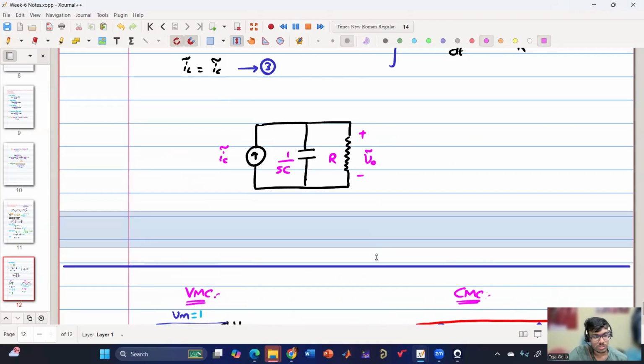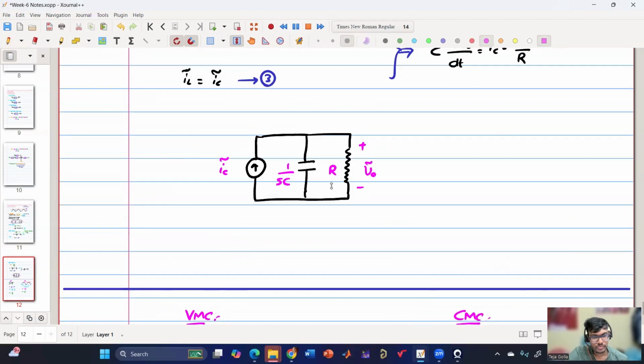So now if we push this down, this is the overall circuit diagram that I have obtained. Now if I have to calculate V0 tilde by IC tilde, I can directly write it as R parallel 1 by SC, which is R by 1 plus SRC.